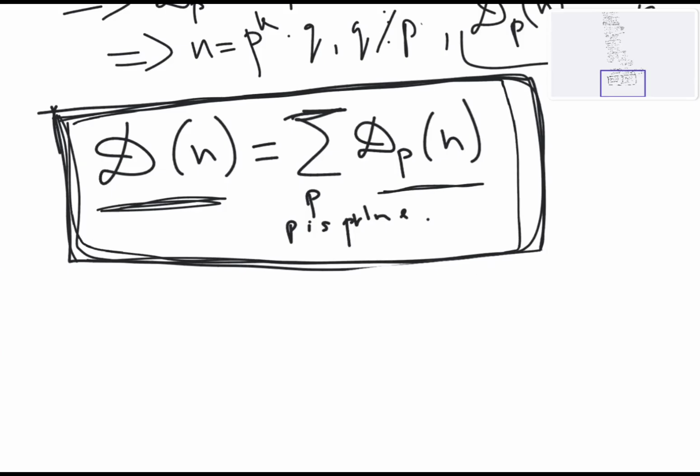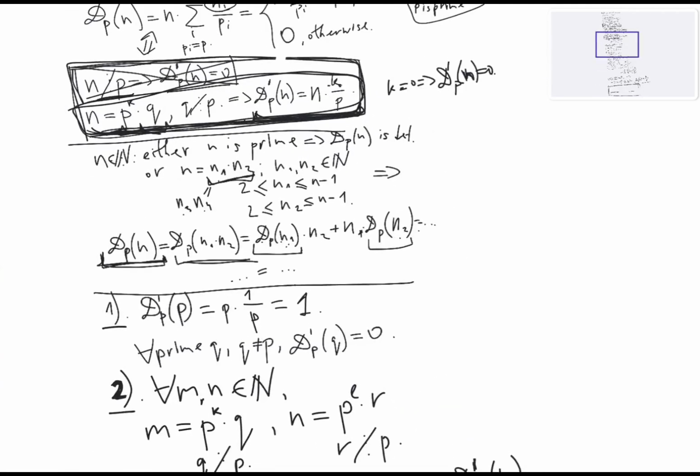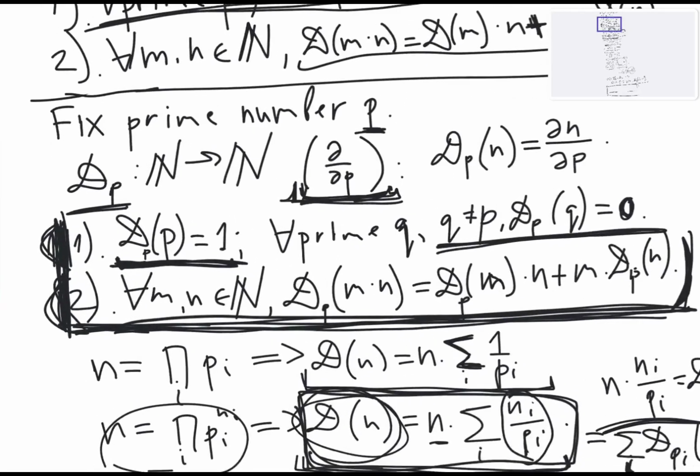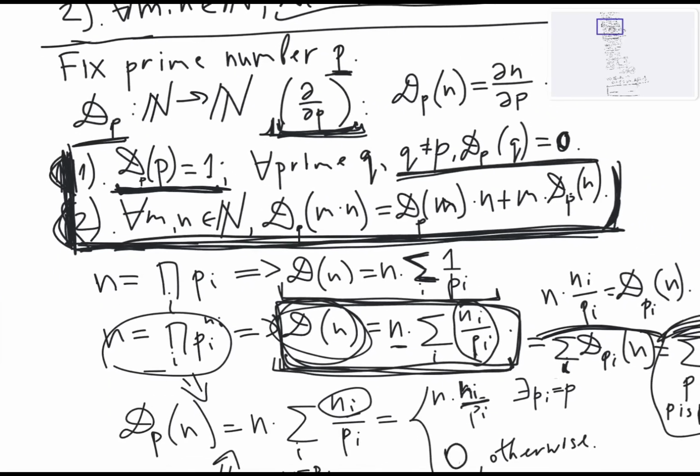Another way to look at this is that the partial derivatives are kind of a basis of all functions with the property that the product rule holds.